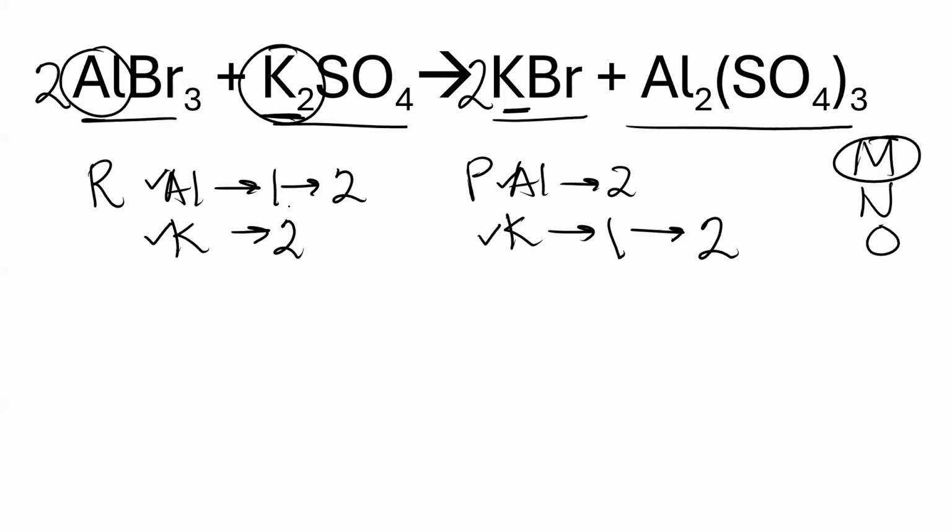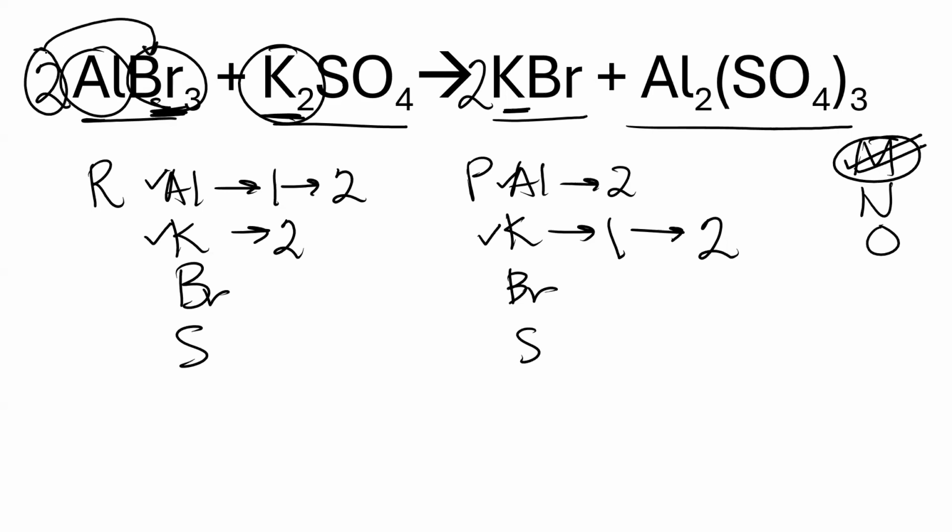Right, going back to the problem, we've balanced all the metals already. Then we identify non-metals other than oxygen and hydrogen in the chemical equation. We have bromine and sulfur. Starting with bromine, we have 3 on the reactant side, but we multiplied it with 2.